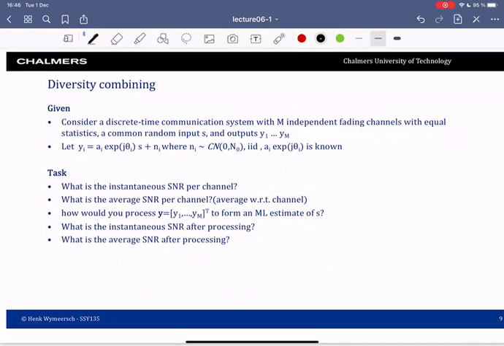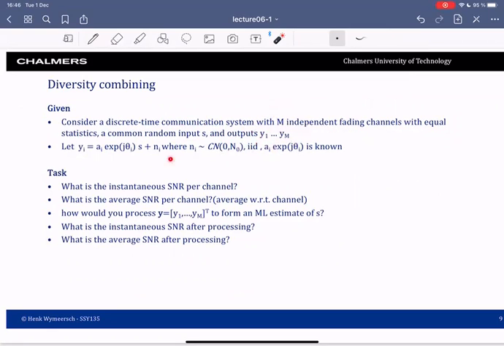So suppose that you have a discrete time communication system with m independent fading channels. This could be in time, frequency, or space, it doesn't really matter, with equal statistics. So the distribution of each of the channels is the same. We send a common input symbol S, and we have outputs y1 through ym.